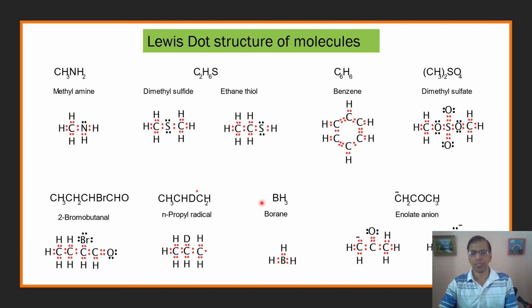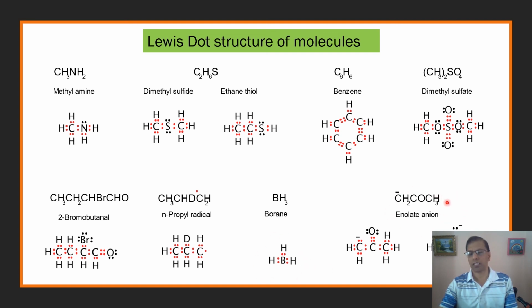In case of borane, boron is in the center, and boron has 3 unpaired electrons. It can share with each of the hydrogen atoms, and that's how you draw the Lewis dot structure.